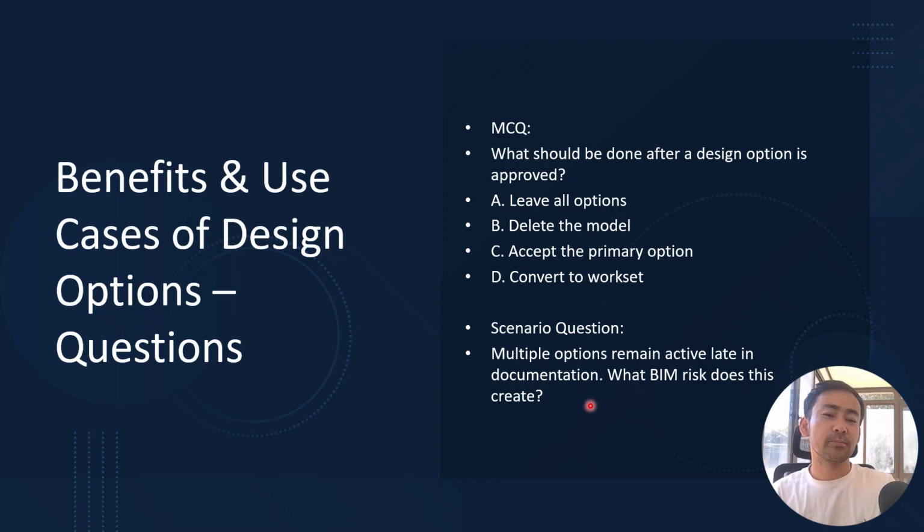We need to make our model healthy, easy to understand, and easy to read. Therefore, after we finalize our design and agree on the design options, we have to accept the final option as the primary option. That way we avoid the risk that our model might crash, or be too heavy and complicated to understand.